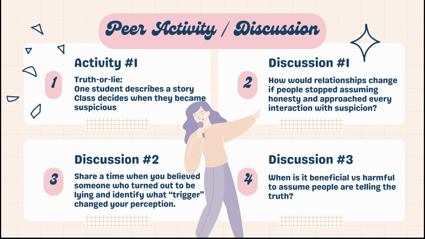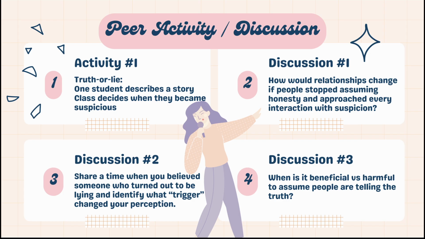For our peer activity and discussion, we have a few options. The first option is a truth or lie activity where one student tells a story and the class tries to identify the moment they become suspicious or that something may not be true. The second option is a discussion about how relationships might change if people stopped assuming honesty and instead approached every interaction with suspicion.